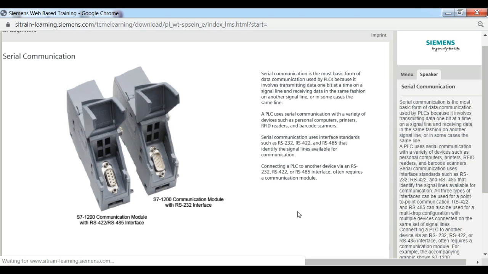Connecting a PLC to another device via an RS-232, RS-422, or RS-485 interface often requires a communication module. For example, the accompanying graphic shows S7-1200 communication modules used for serial communication.